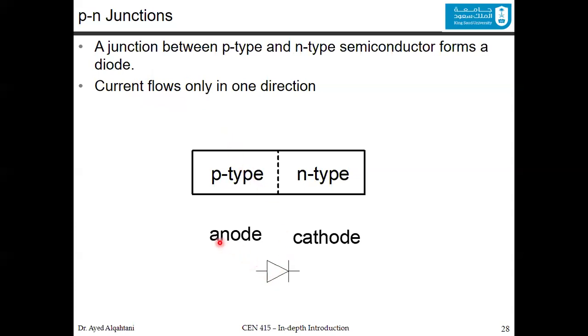We call these the anode and the cathode. You can see for this configuration, the P-type followed by the N-type, the current will flow in this direction, and you can see it very clearly from the sample itself.